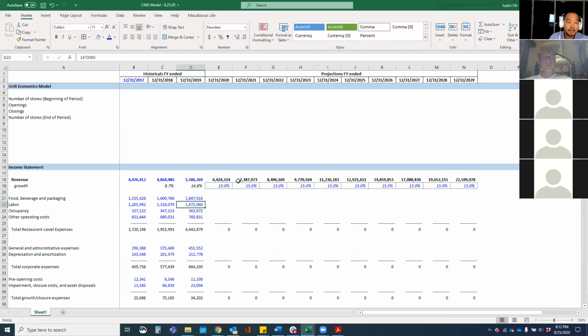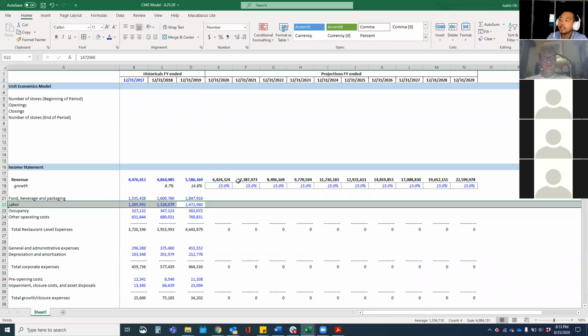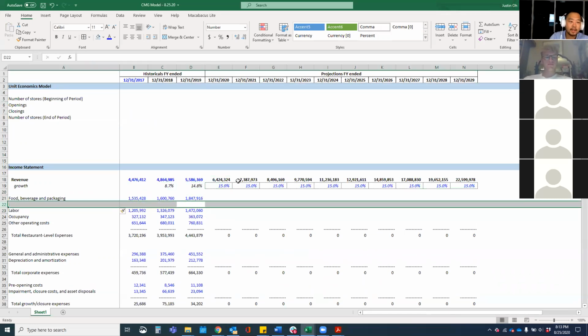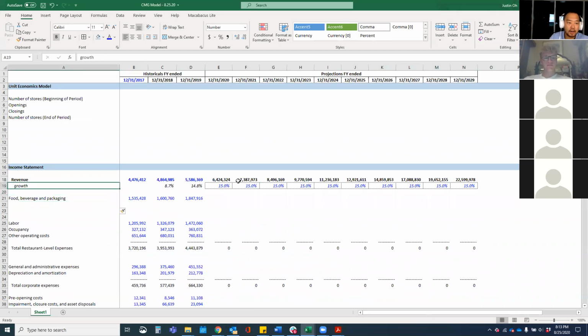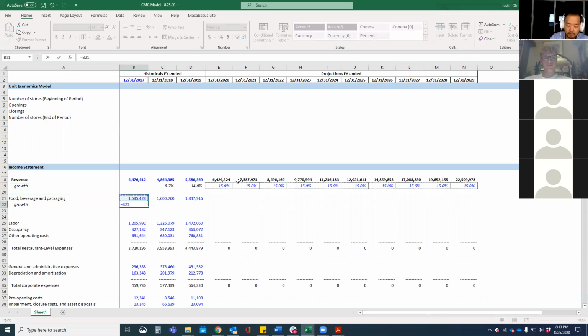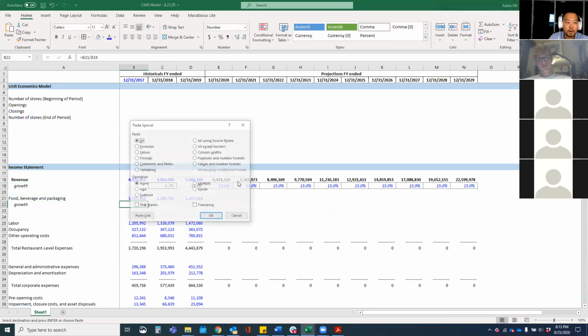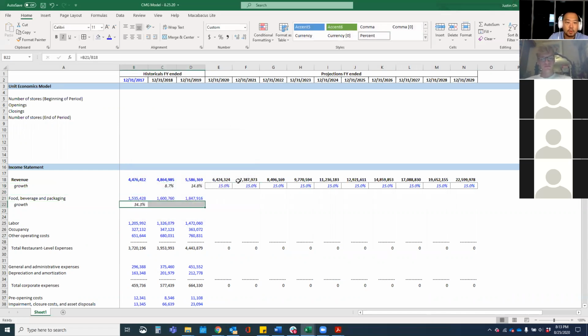Food and beverage and packing. Let's think about the business model. Food and beverage and packing is a direct expense. It's variable with how much revenue we get, so it's a percentage of revenue, right? For every burrito they sell, they have some direct profit margin on that burrito. So when we pay $10 for a burrito, they only keep $3.30 per burrito.